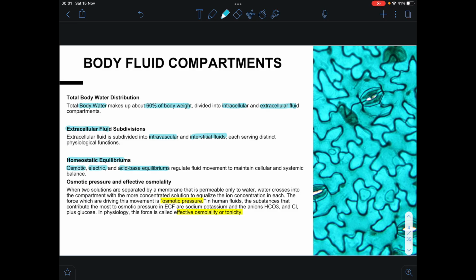As we talked about, tonicity or effective osmolality are two interchangeable terms. We said that it happens in cases of having more than one solution, so basically two solutions, and there has to be a semi-permeable membrane, a membrane that allows some molecules to pass and not others.